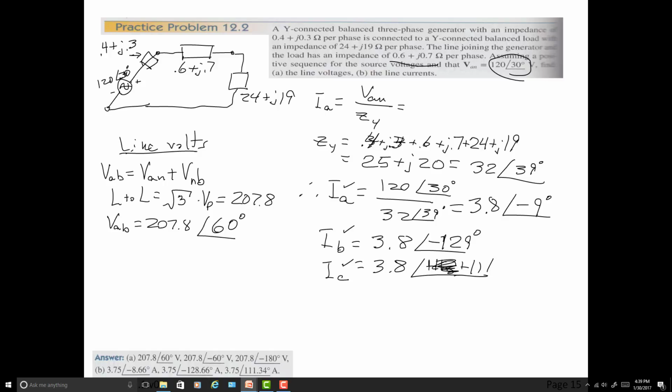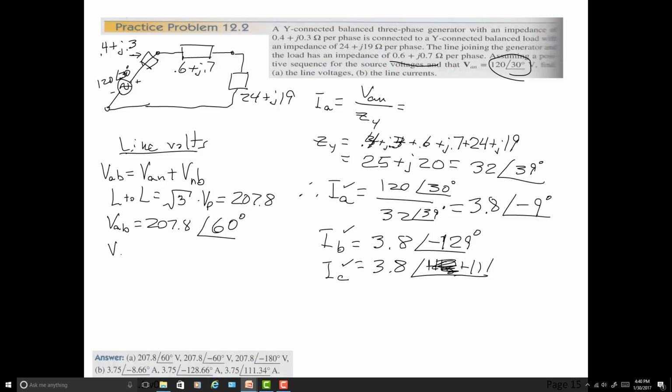You can go directly back to the picture that we already did. That showed when I calculate line-to-line voltages from phase voltages, there's always an advancement of 30 degrees from the first phase voltage angle. So if the first was 30, I add 30 to it and I get this.